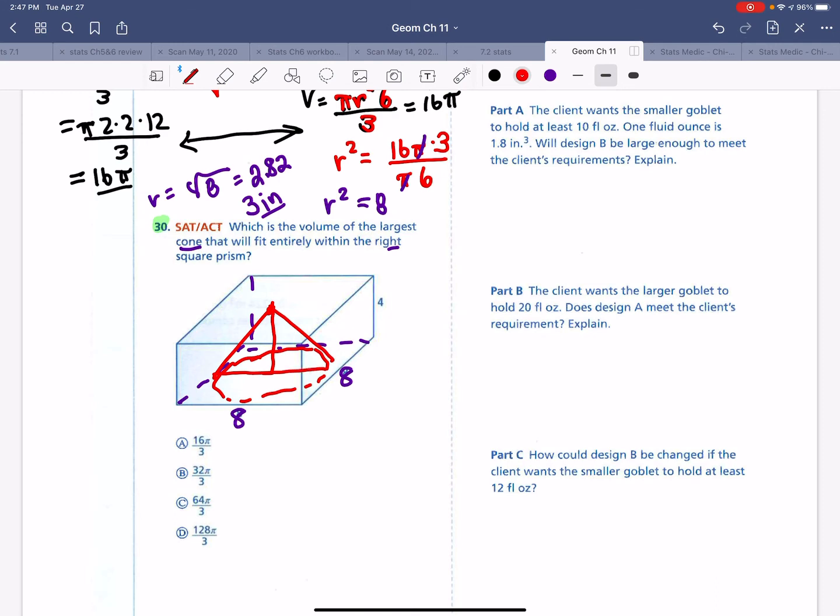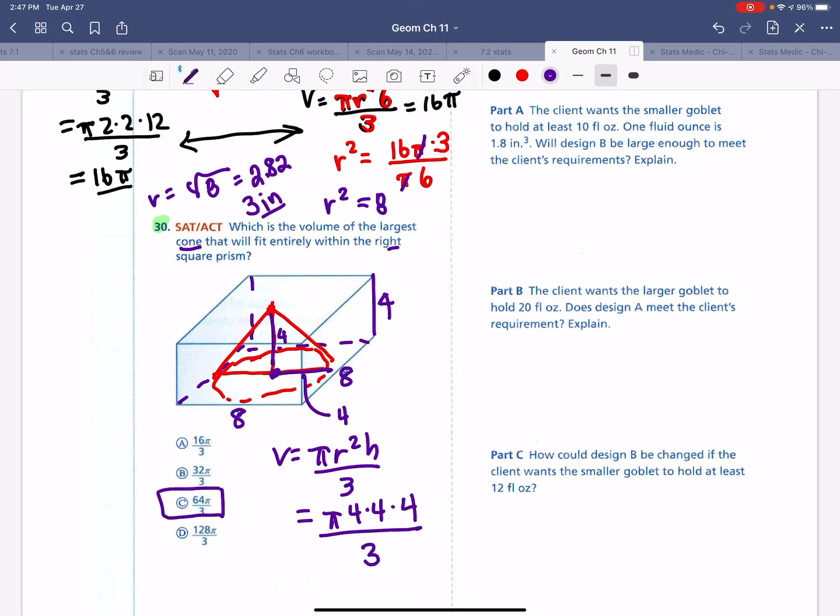Notice this diameter would be 8, meaning the radius would have to be 4. So the volume would be pi r squared h divided by 3. The radius would be 4. The height would still be 4, right? That should be the same dimension because it fits inside. And that gives us C, 64 pi divided by 3.